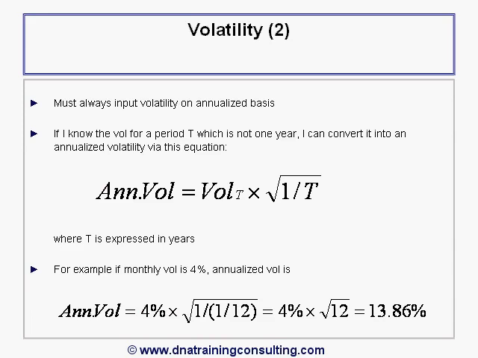Note carefully the double inversions, which of course is equal to 4% times the square root of 12, which is equal to 13.86%. It should not be surprising, obviously, that over 1 year a currency's volatility ought to be significantly greater than over 1 month.